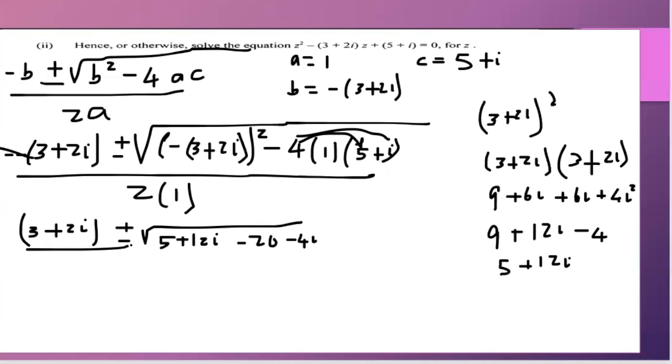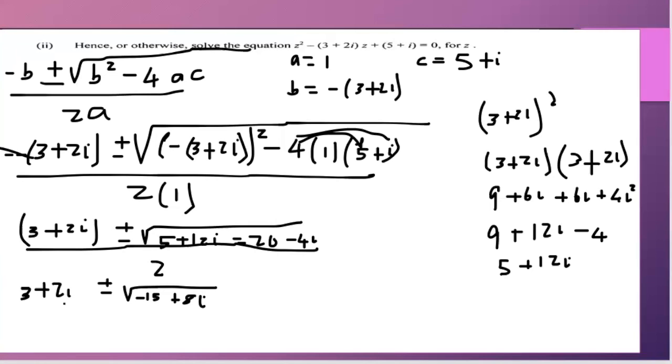All over 2 times 1, that's 2. Now, underneath the square root, I can simplify. So let me rewrite the 3 plus 2i plus or minus the square root of 5 minus 20, that is negative 15, and 12i minus 4i, that's positive 8i, all over 2. Now this looks familiar.